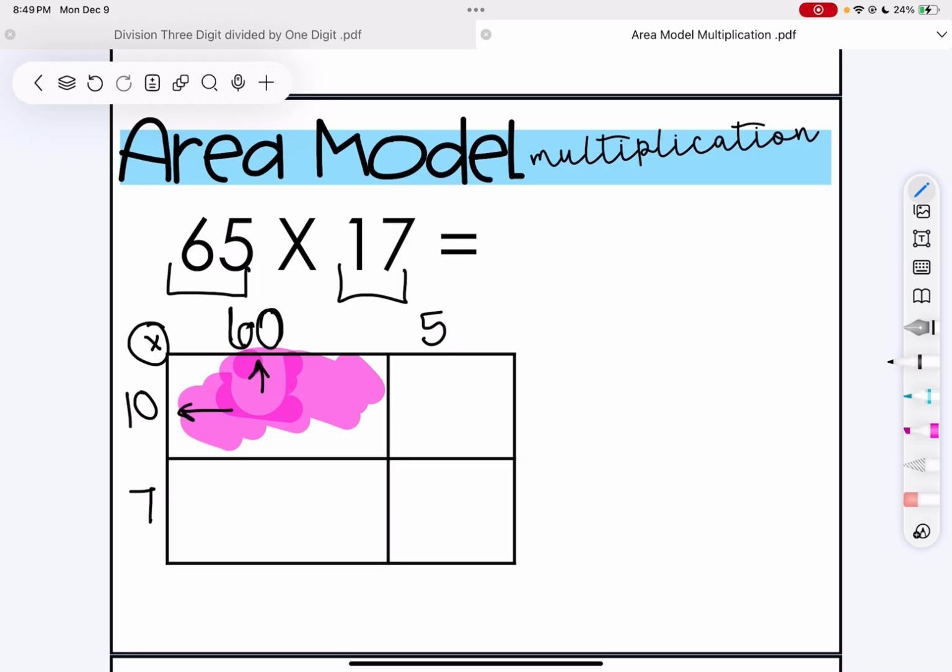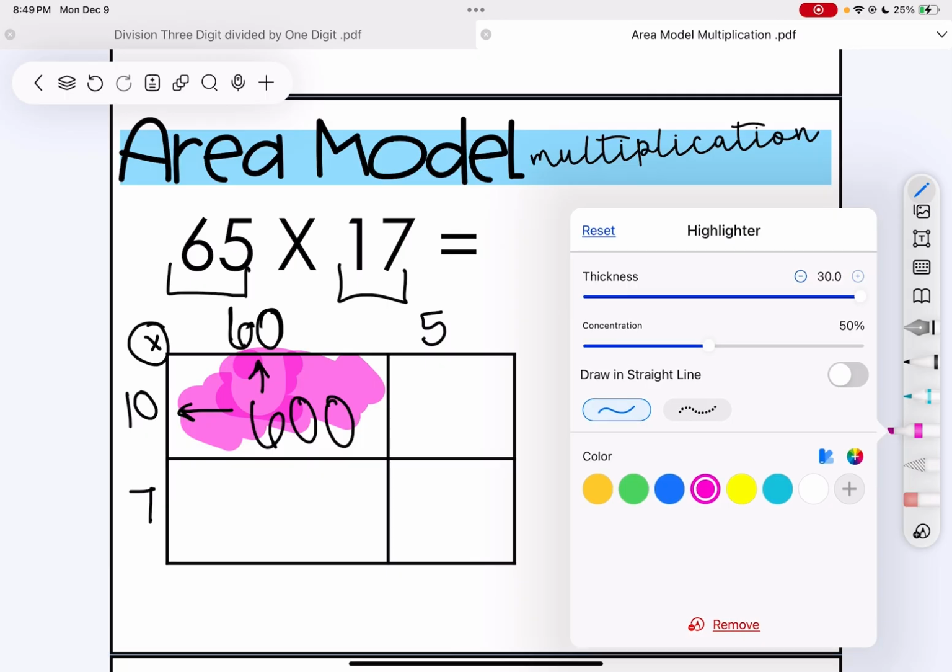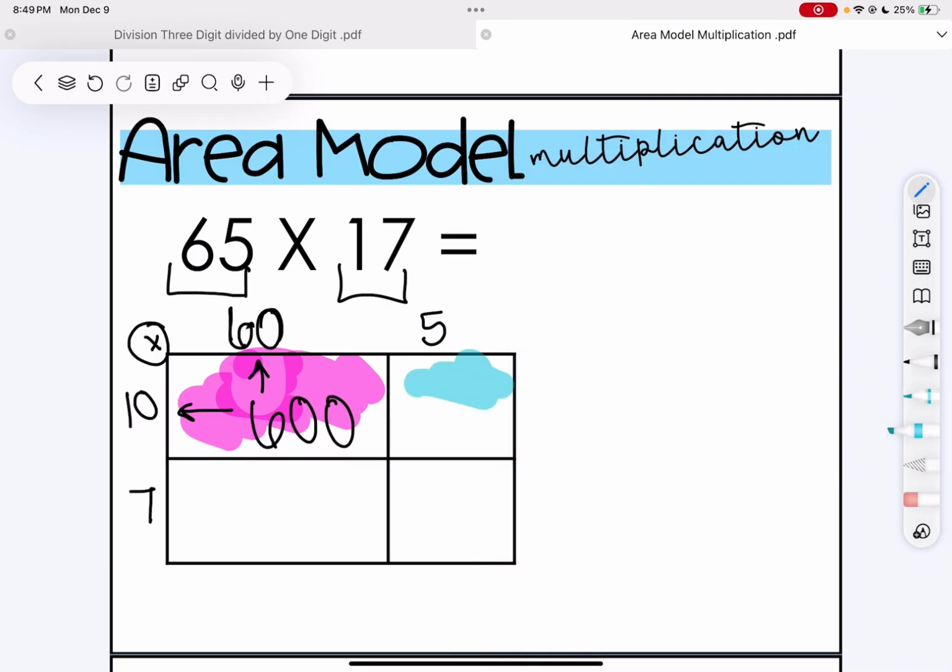So I'm multiplying 60 times 10. I'm going to ignore those zeros. I know that 6 times 1 is 6, and then there are 2 zeros. So 600. Moving on to the next box, I look up and see 5, and I look directly over and see 10. I know that 5 times 10 is 50.